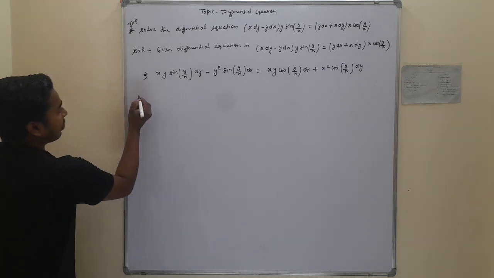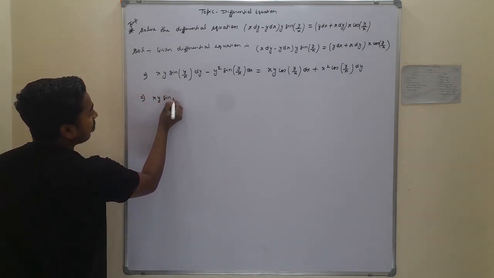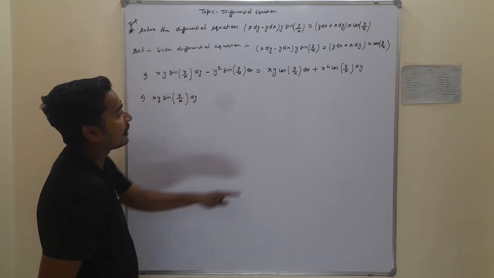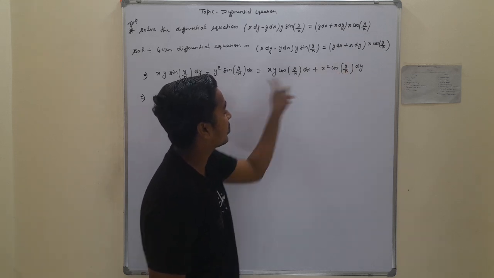We have to write xy sin(y/x) dy, and from here plus x² cos(y/x) dy is taken to the left hand side.